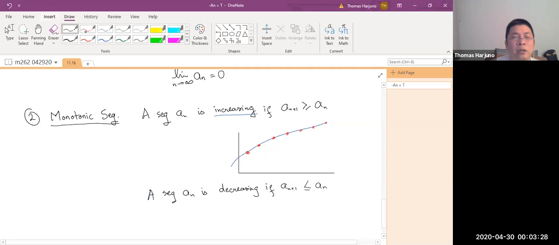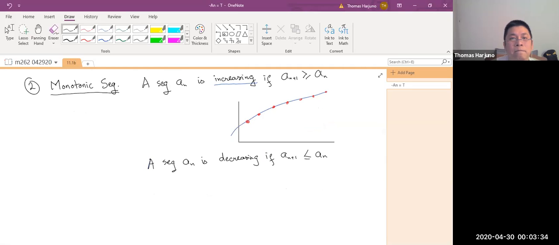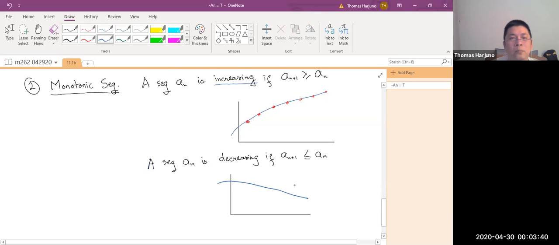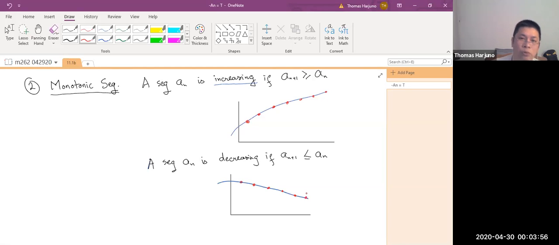I'm sorry, I said greater than or equal at first. Basically, the picture looks pretty much like this. You see, this function is decreasing. So the sequence, which is a subset of that continuous function, is also decreasing.